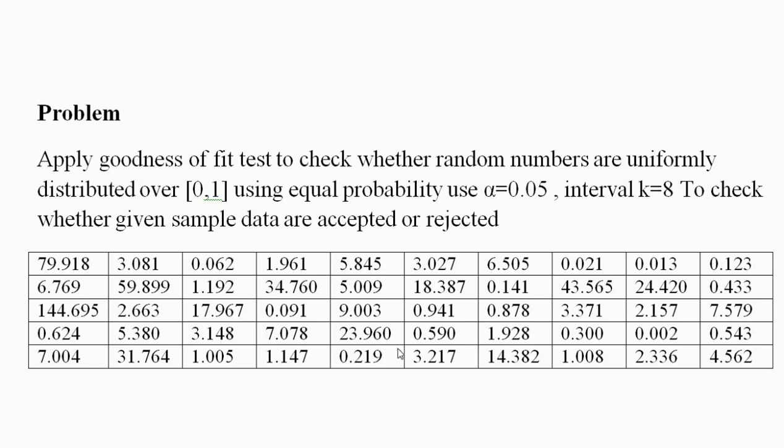This is the given sample data, and alpha value is given as 0.05, and the interval k equal to 8. So now let us see how to solve this problem using a goodness of fit test.